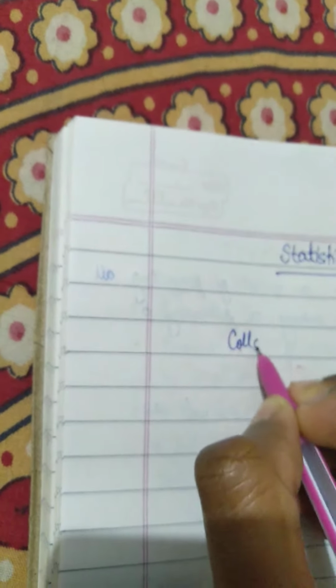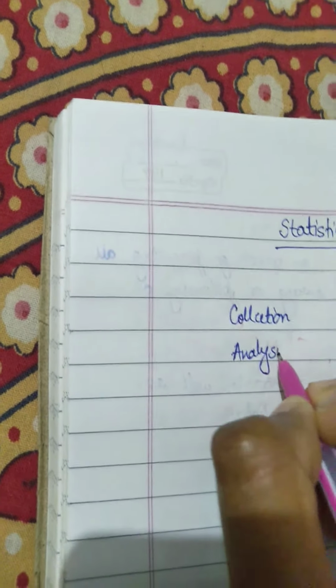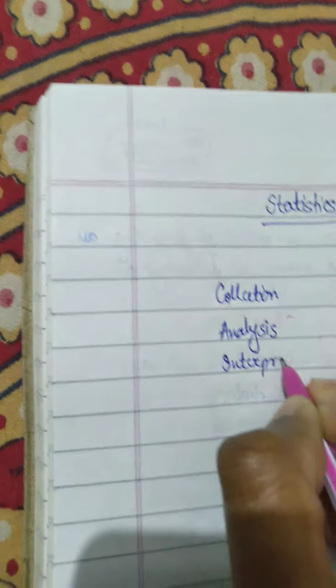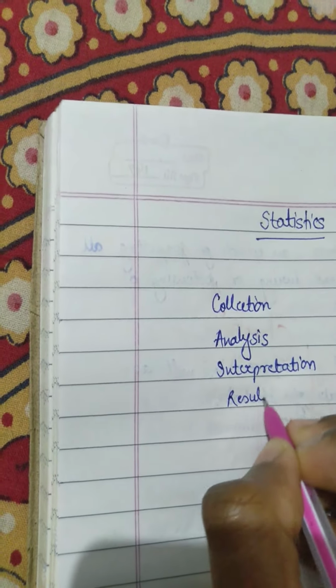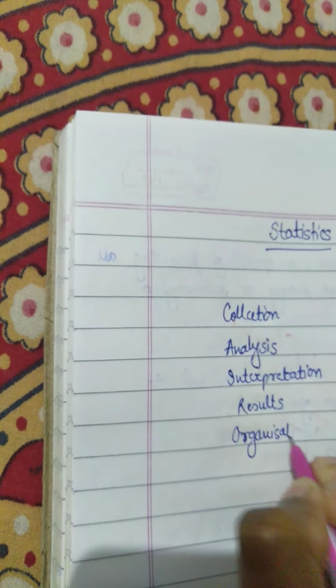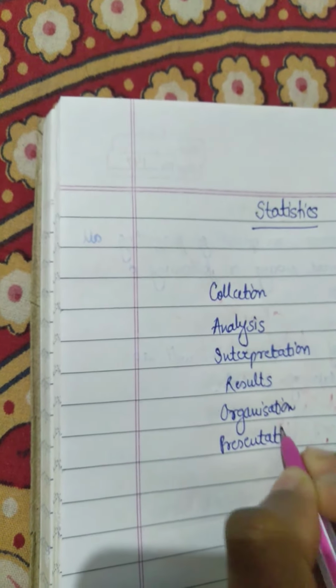Statistics is made up of some terms. So what are these terms? These terms are collection, analysis, interpretation, results, organization, and then presentation.